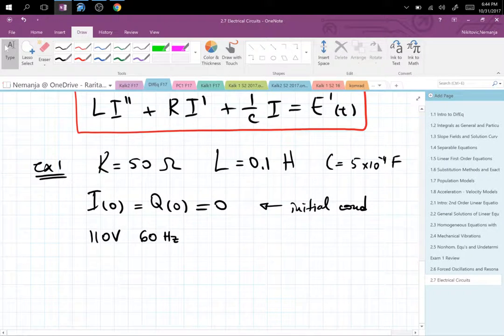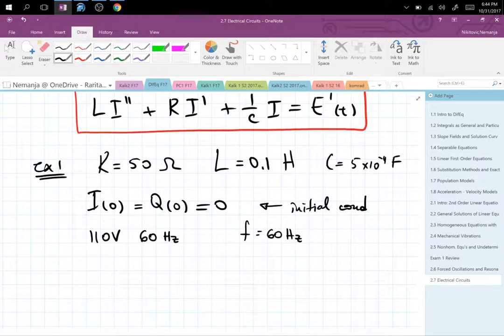So now we have a frequency, right? Our frequency is 60 hertz. And from the frequency of 60 hertz, we can calculate the omega.